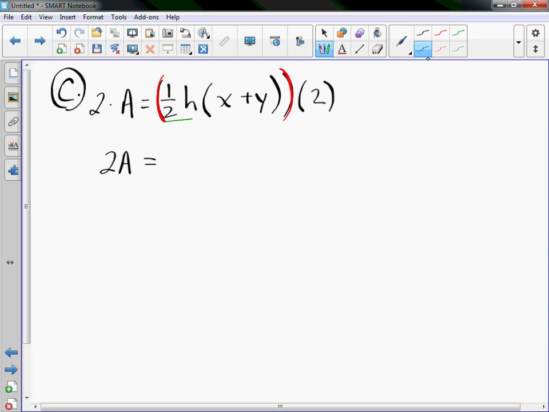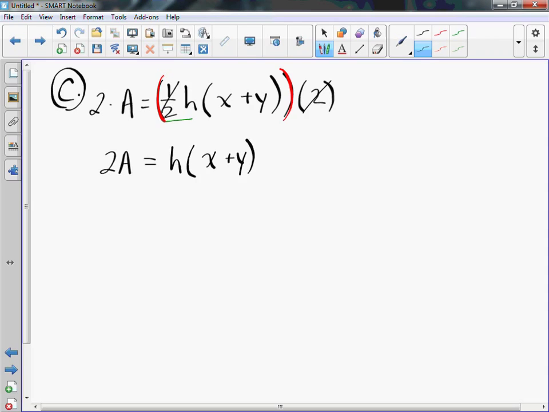So I don't have to do any distribution. I can just take 2 times the 1/2 and they cancel each other and leave me with a 1. So there's 1h, or just h, parentheses, x plus y.